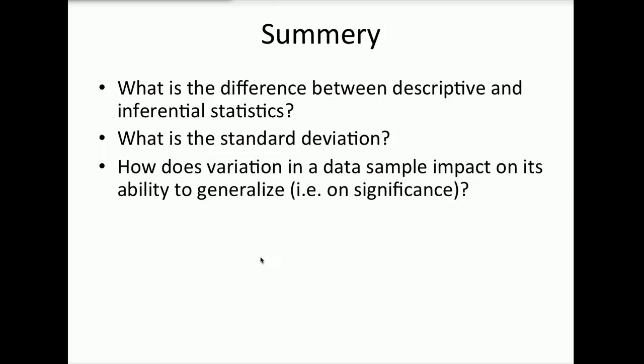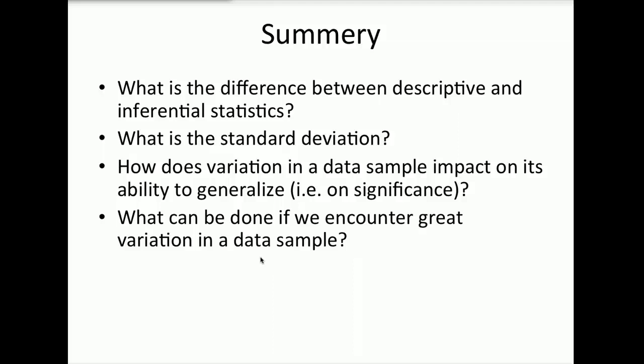How does variation in a data sample impact its ability to generalize? For instance, how does it impact the significance of differences? If we imagine conducting experiments ourselves, what could we do if we encounter great variation in a data sample?